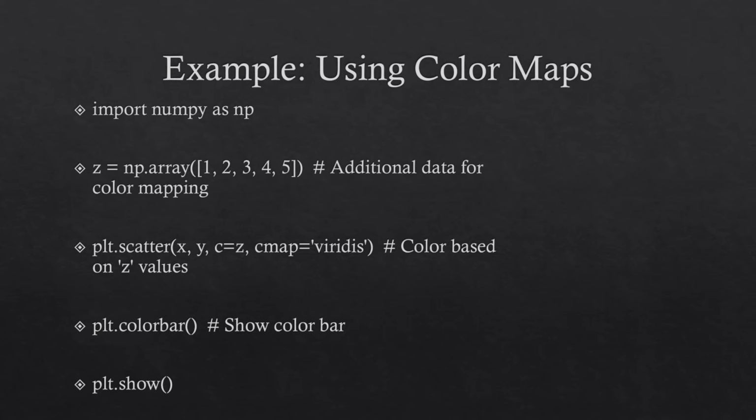Import numpy as np. Create a numpy array z = 1, 2, 3, 4, 5 as additional data for color mapping. plt.scatter(x, y, c=z, cmap='viridis'), color based on z values.